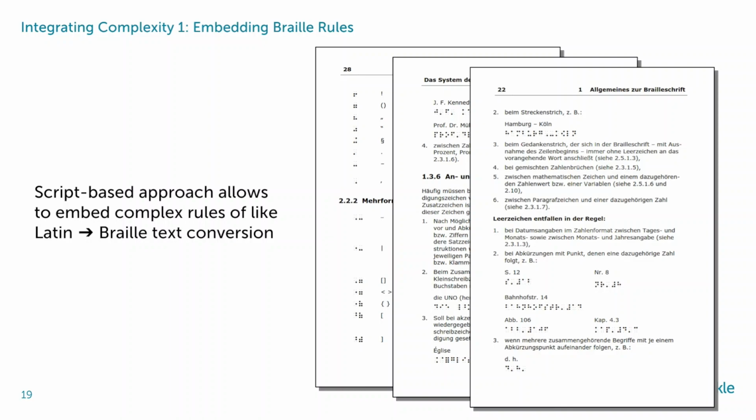The idea is that you can encapsulate all of these rules into the CAD system itself. So you write the rules into the script, and then you don't have to care about this anymore. You need no external solution, and the system knows how to translate your clear text into braille. So it's a kind of covering of complexity.